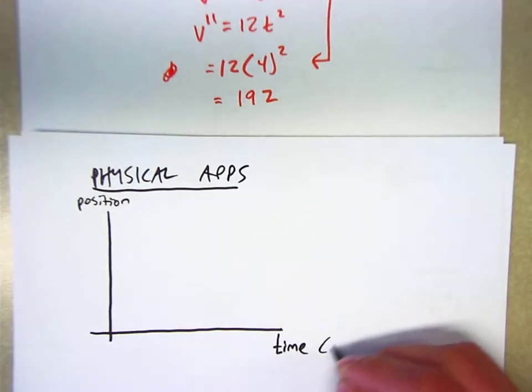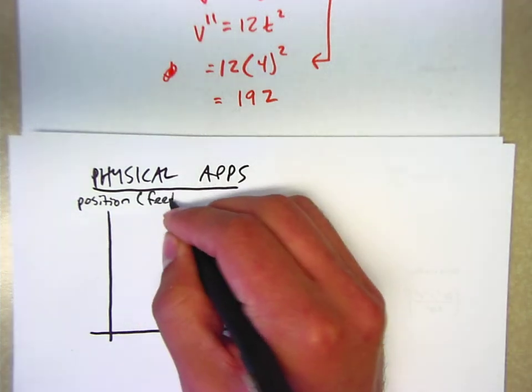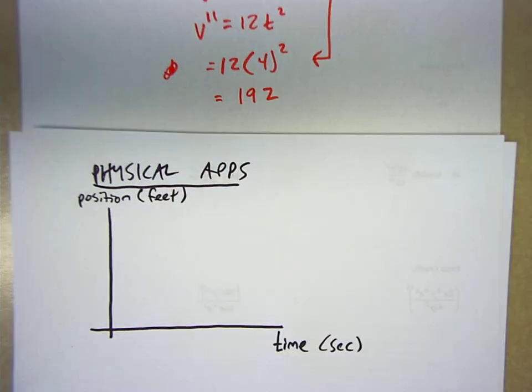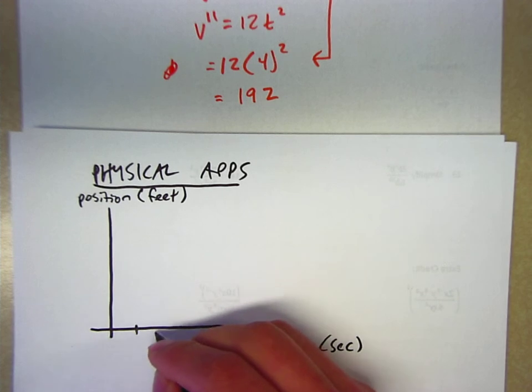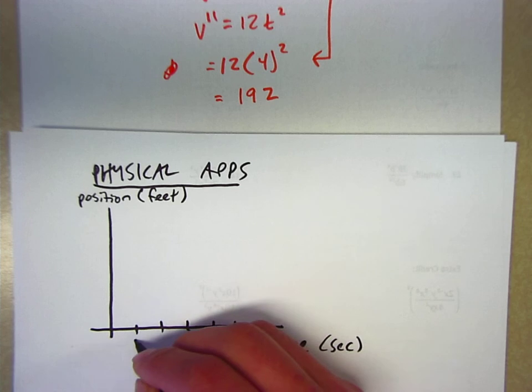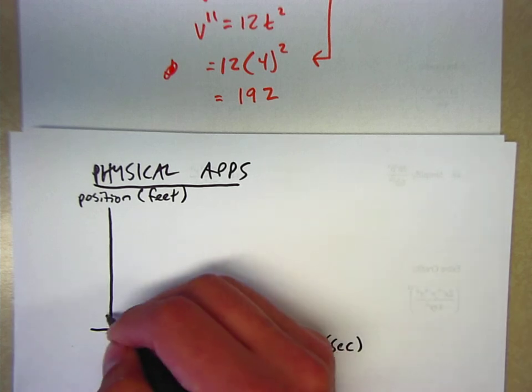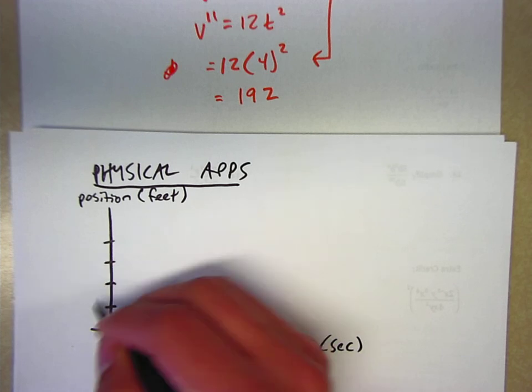Let's say time is in seconds, and the position is in feet. We'll keep it real simple. We'll go up to 5 on the x-axis, then up to 4 on the y-axis.